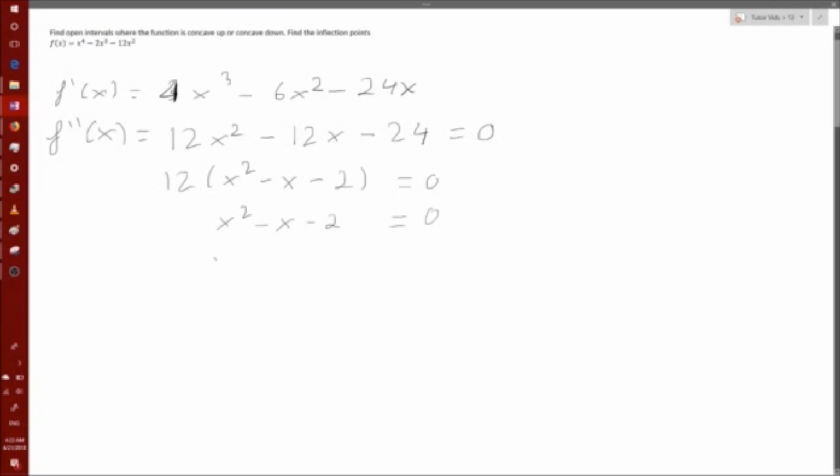We get x minus 2 times x plus 1 equals 0. So we get two different values: x is equal to 2 and x is equal to negative 1.